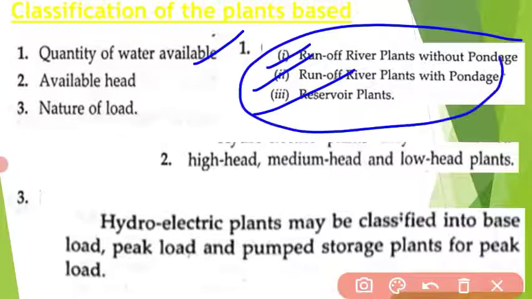This portion I have completed. Next I will discuss high head, medium head, and low head plants. Third one is nature of load. The nature of load is classified based on base load, peak load, and pumped storage plants for peak load. These points I will cover in the next video. Okay, thank you.